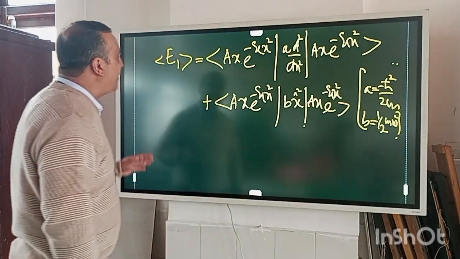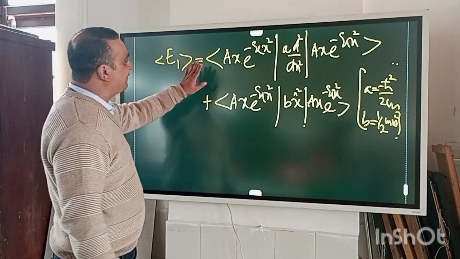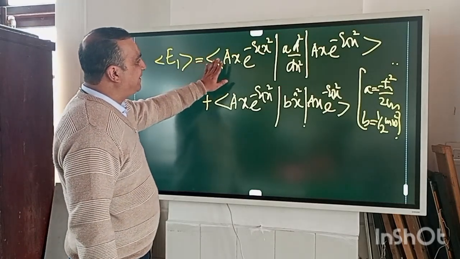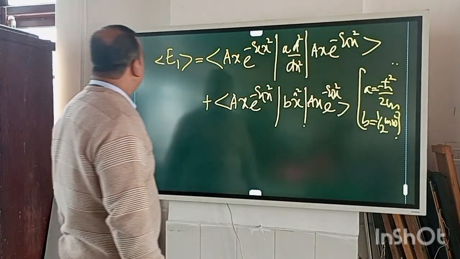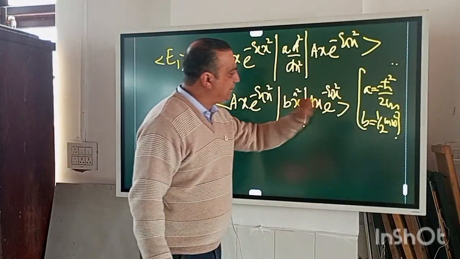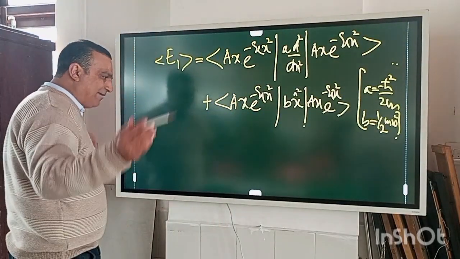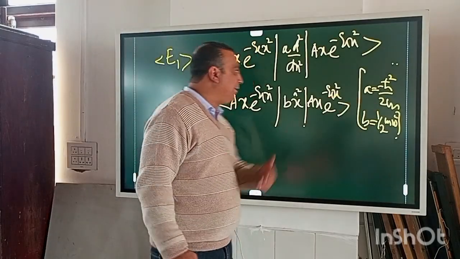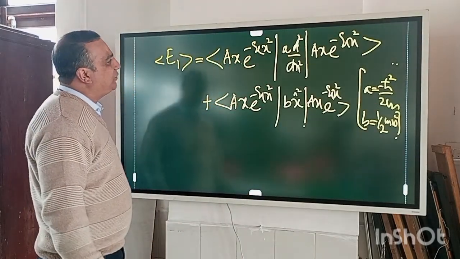So we'll have two parts to be calculated. The first part will go with the kinetic energy part of the expectation value, and the second part will give us the potential energy. You will have the numbers, you will add the two numbers, and you will get the expectation value.